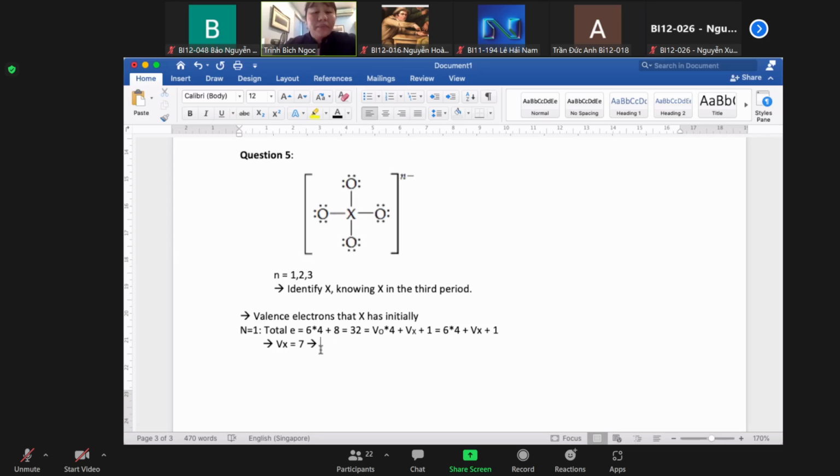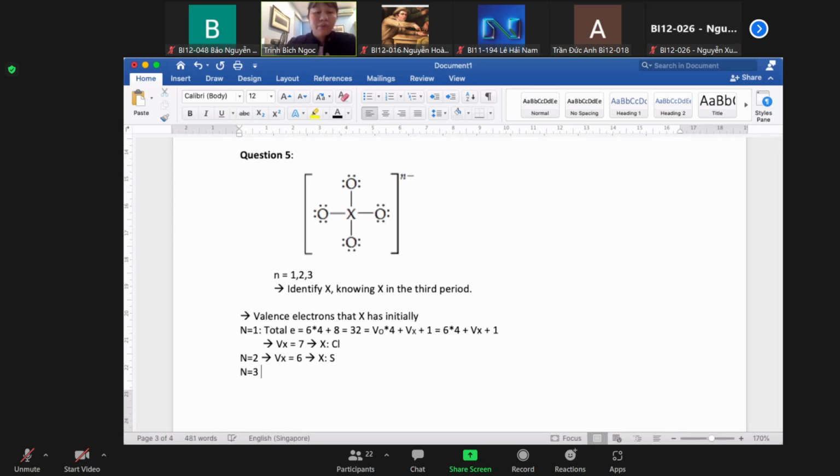So Vx equal to 7. So X will be chlorine. Okay. N equal to 2. Vx will be 2 plus 4 equal to 6. It will be sulfur.